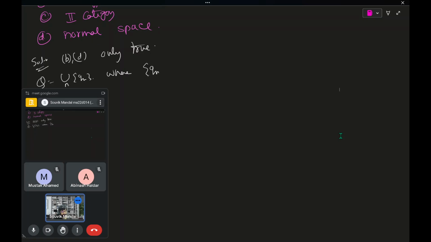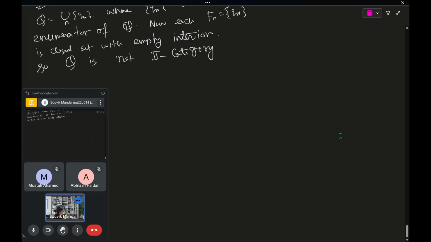Now each Qn is a closed set with empty interior, so Q is not of the second category.